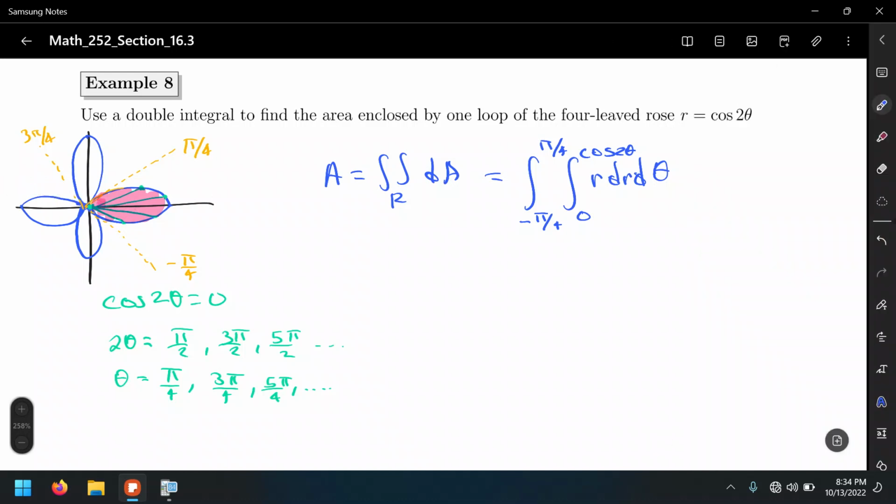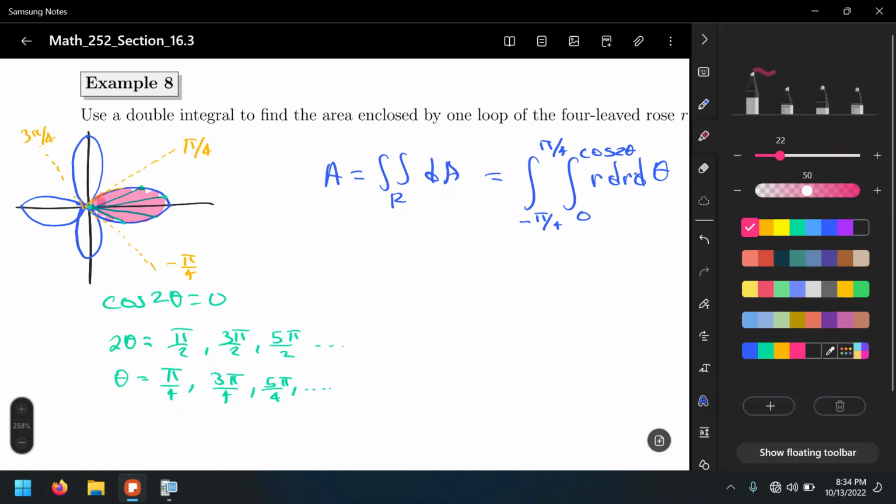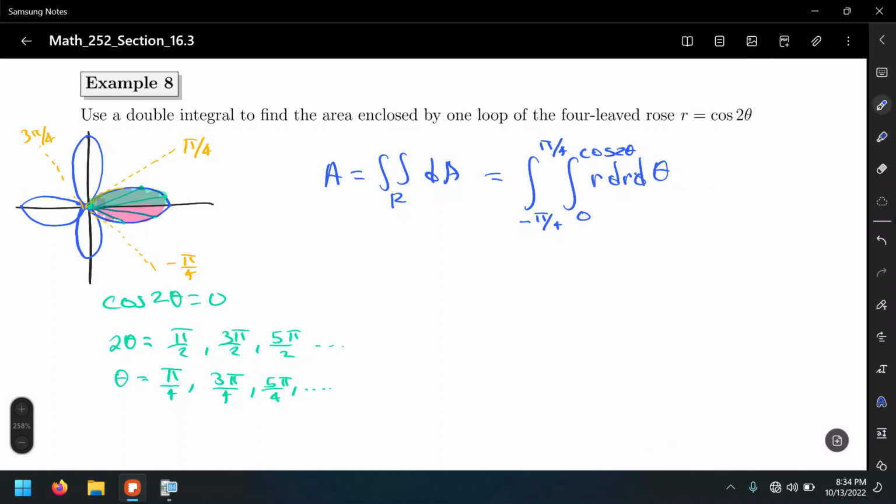So how about we just find the upper area and multiply whatever we get by 2. Instead, we will go from 0 to pi over 4, from 0 to cosine 2 theta, r dr d theta, and multiply this result by 2.